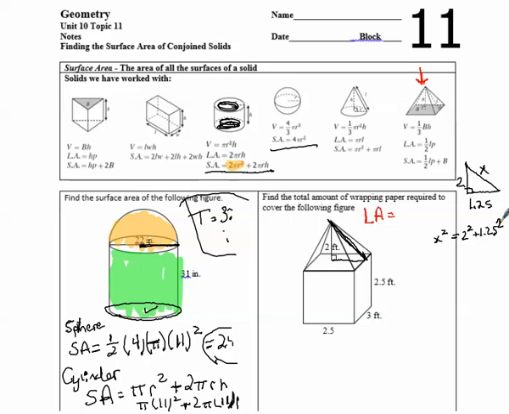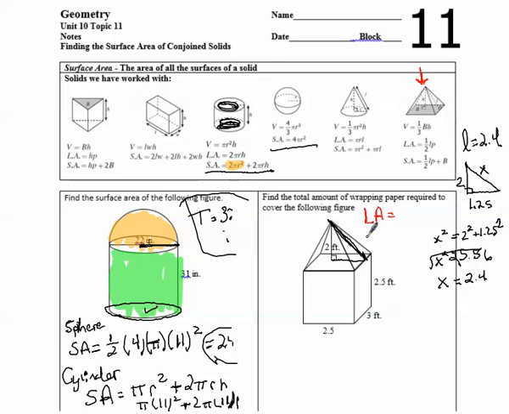So x squared equals 5.56 and so on, but then I have to square root it. So x equals 2.36. We'll say 2.4. All that was to find the slant height. So my slant height is 2.4.